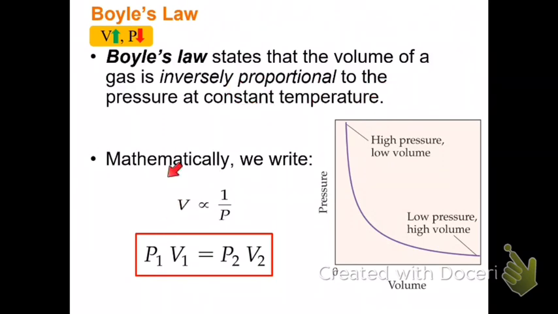Okay, so you're leaving two of the variables constant. One is the temperature and the other one is number of moles. So P1 V1 equals P2 V2, right? Initial pressure times initial volume is equal to the final pressure times the final volume. So this is the mathematical relationship between volume and pressure.